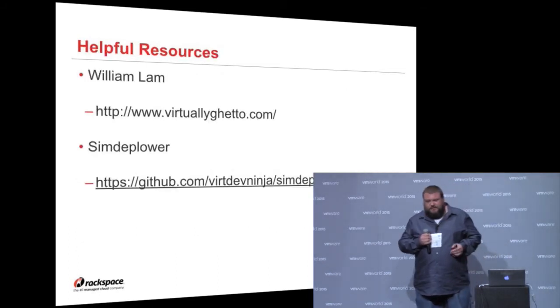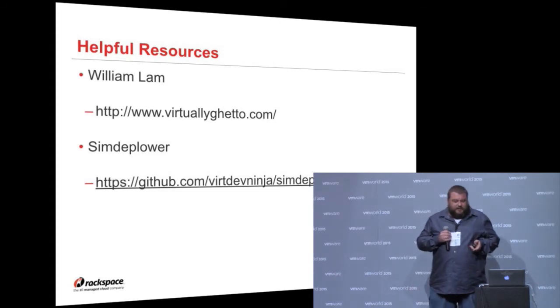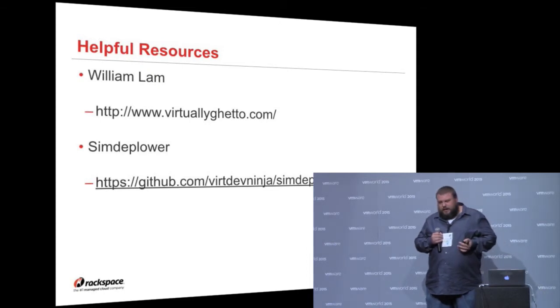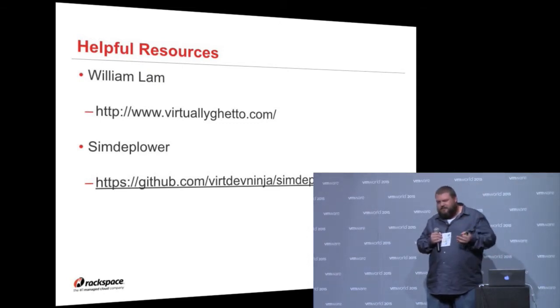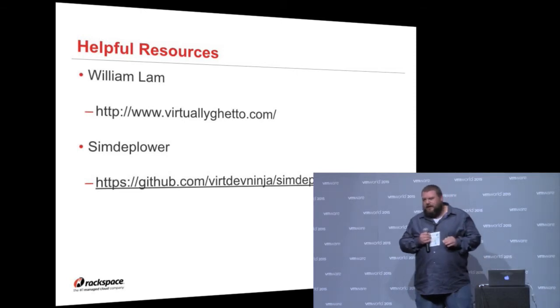Some helpful resources that I've found since I started using the simulator was William Lam's blog, virtuallyghetto.com. And then I created a tool called SimDeployer. It's a Python tool, very similar to Vagrant, except it only works with Fusion or Workstation, and it's made just for deploying simulators.